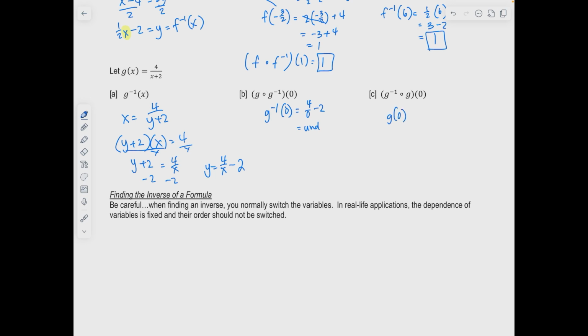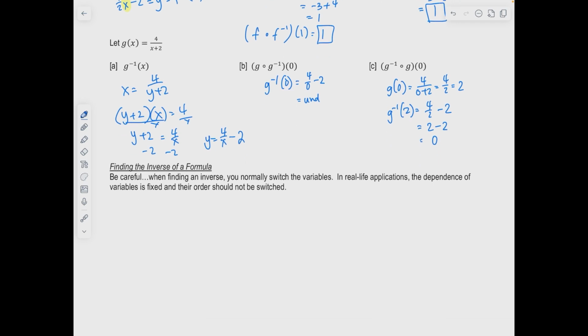When I do g of 0, I have 4 over 0 plus 2, so that's 4 over 2, which is 2. I do g inverse of 2, so that's 4 over 2 minus 2. So that's 2 minus 2, which takes me right back to 0 again. So I put in 0, get out 0.